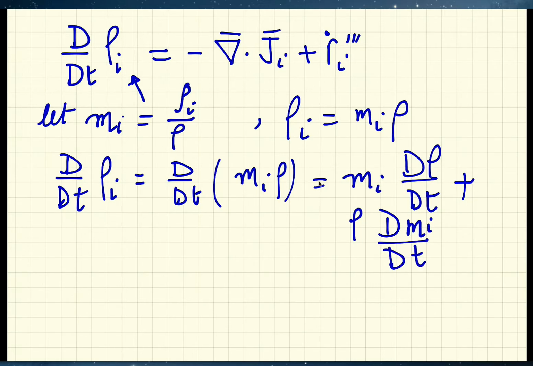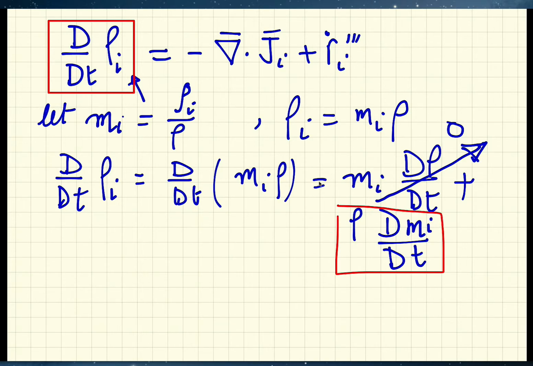So that's now the total derivative, and we know from total mass conservation of the previous lecture that this term is equal to 0, and therefore if you look at the left hand side, now it becomes only this term, which is rho times d m sub I by dt.